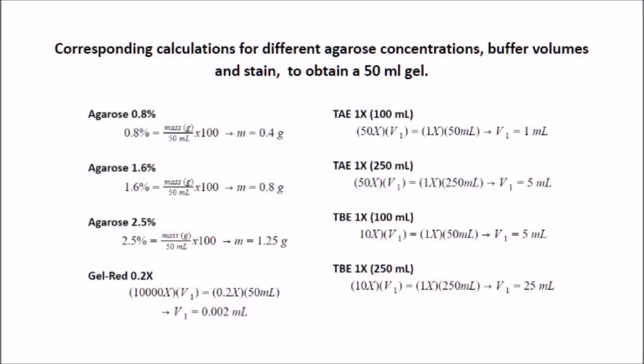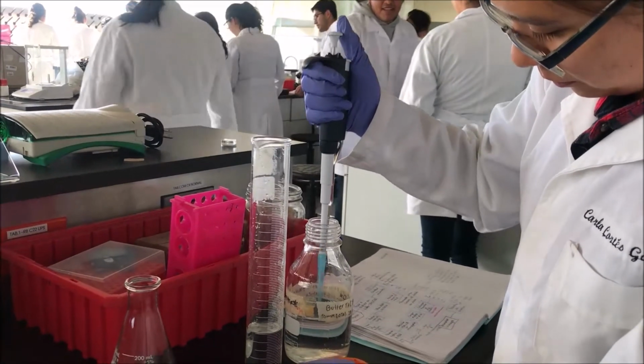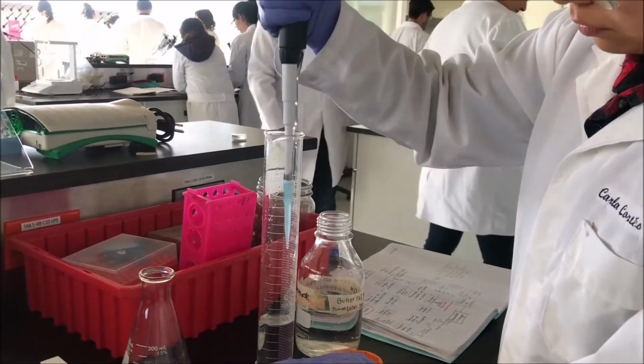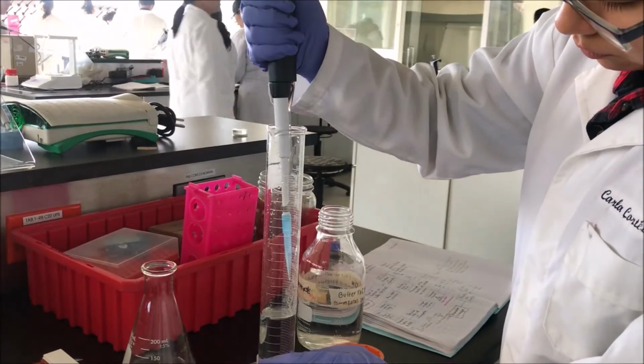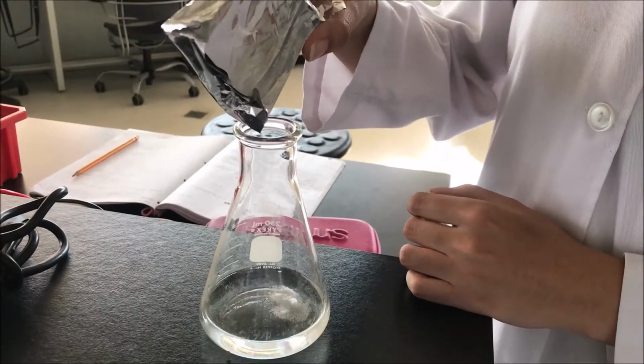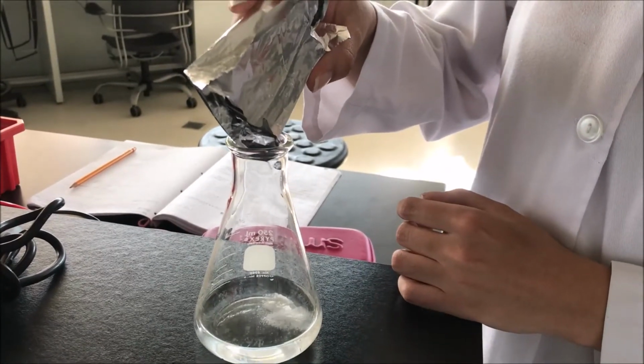The first step to follow for the preparation of the electrophoresis gel was to perform the corresponding calculations for agarose, buffer, and stain to obtain a 50 milliliter gel. Once the quantities to be used are known, prepare the indicated volume of TAE buffer and add the necessary amount of agarose.